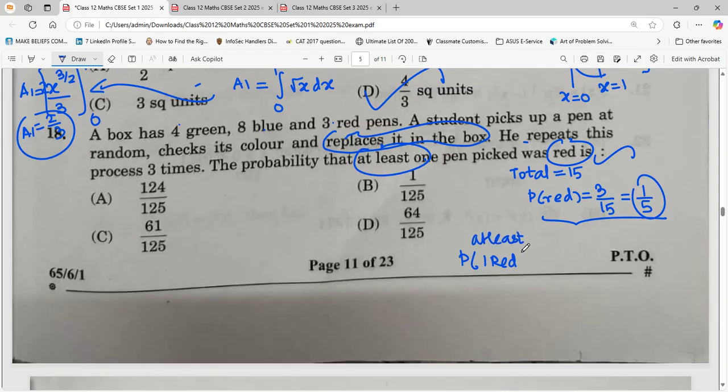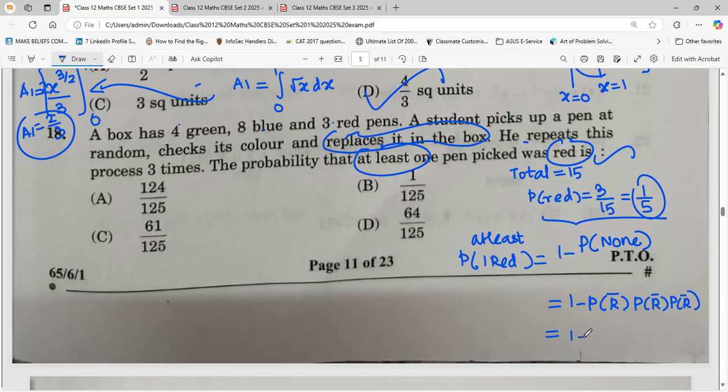So that is equal to 1 minus probability of picking red none of the times. So that is equal to probability of not picking red the first time, not picking red the second time, and not picking red the third time.